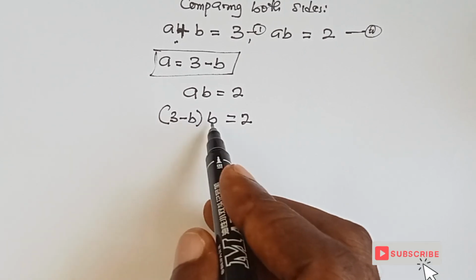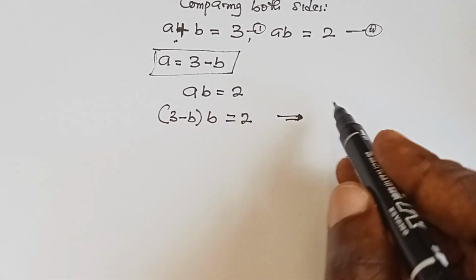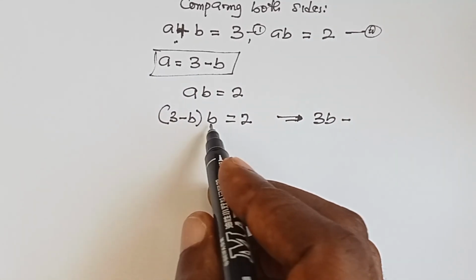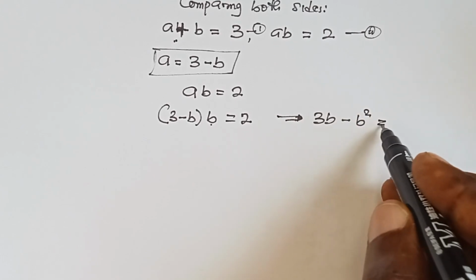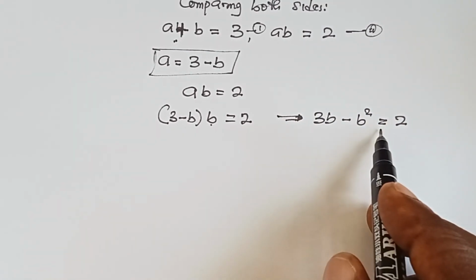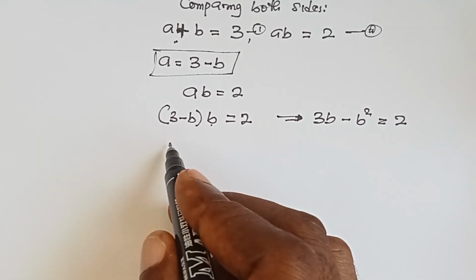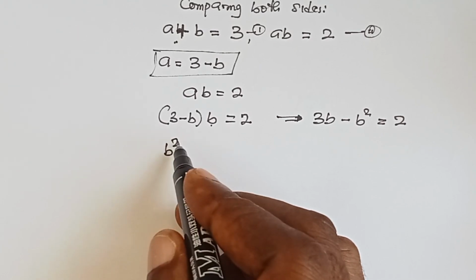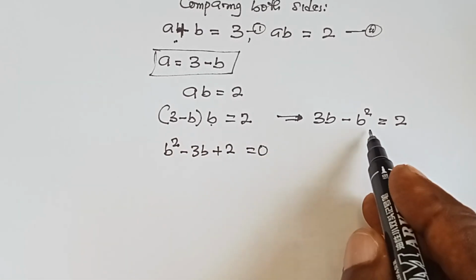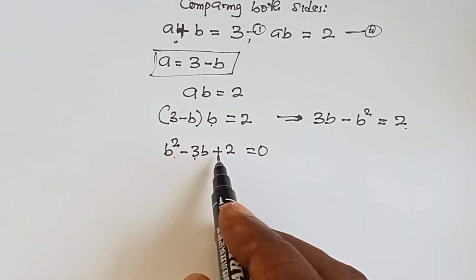We expand this: 3 times b gives us 3b, minus b times b gives us b squared, equals 2. So this is a quadratic equation, and we're going to factorize it. Let's rearrange: it becomes b squared minus 3b plus 2 equals 0.